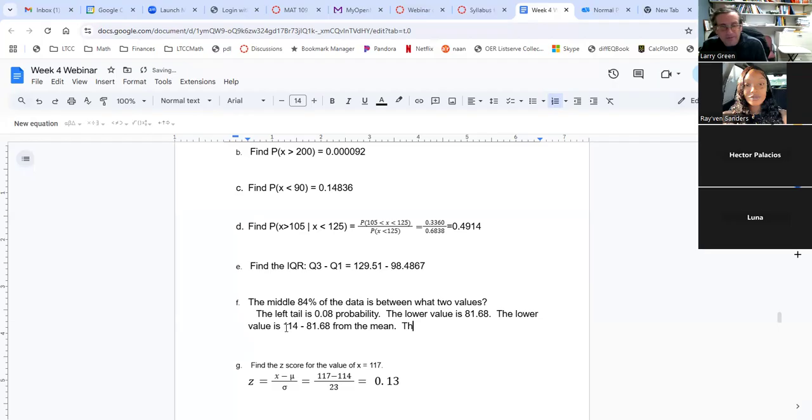So the upper value is that amount above the mean. So it's 114, the mean, plus 114 minus 81.68, because of symmetry.